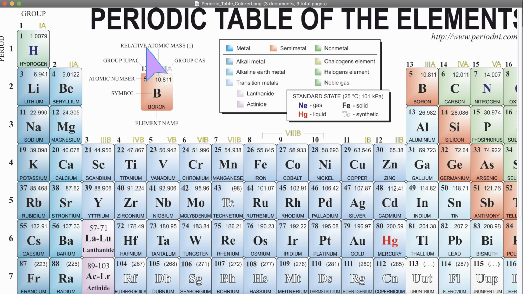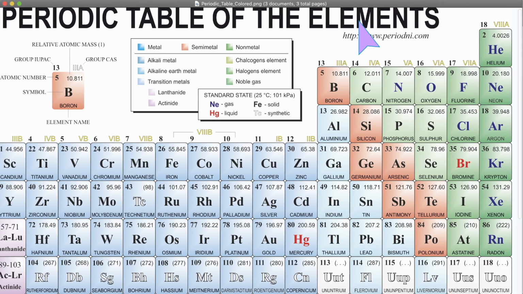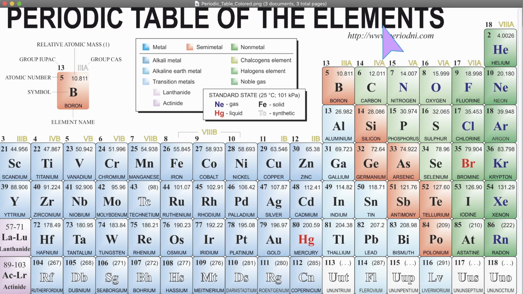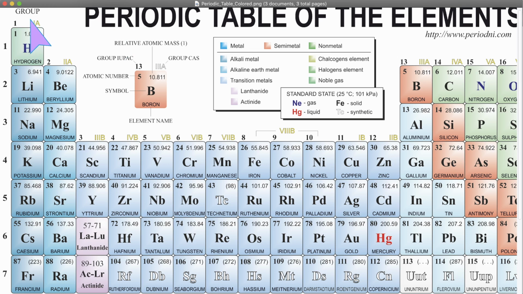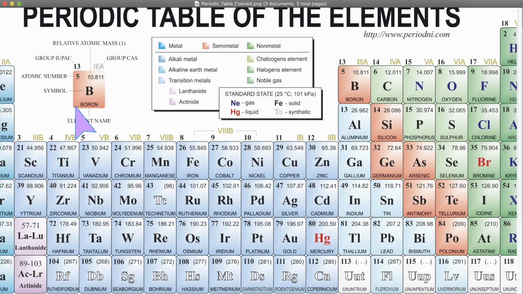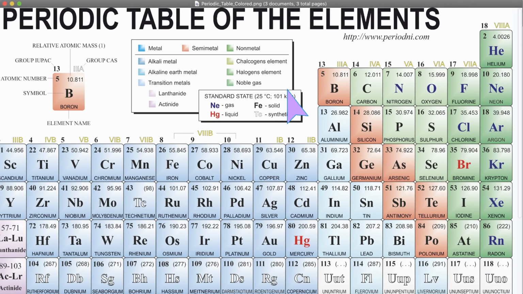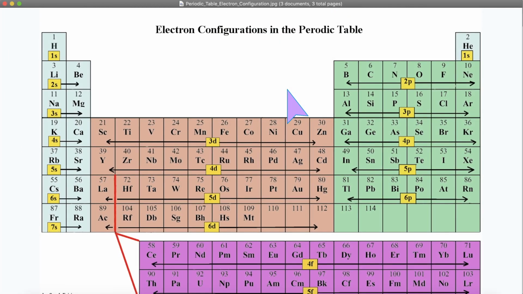Look at the A's. If you have one of these main group elements, the 1A tells you there's one valence electron. All these guys have one valence electron. 2A, all of these guys have two valence electrons. It doesn't work for this transition element section.